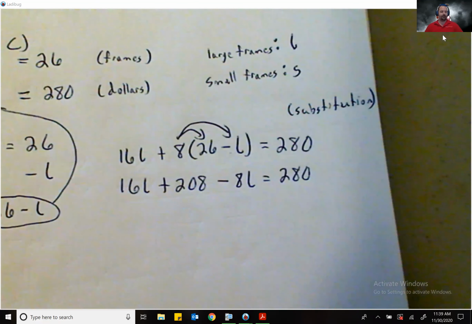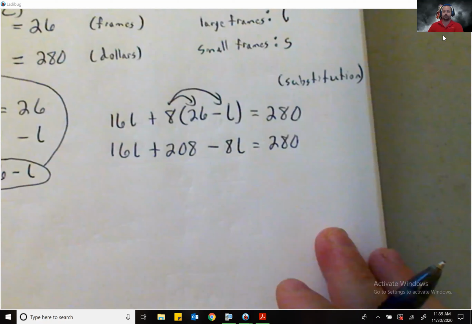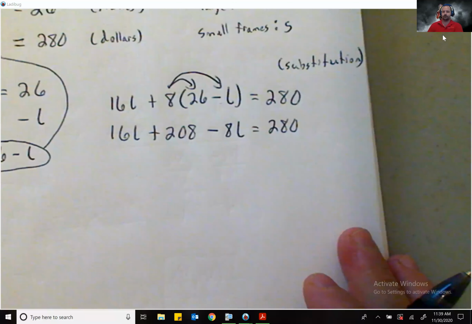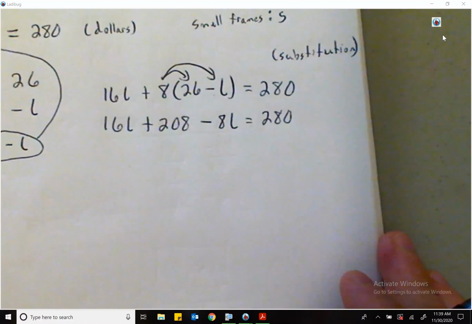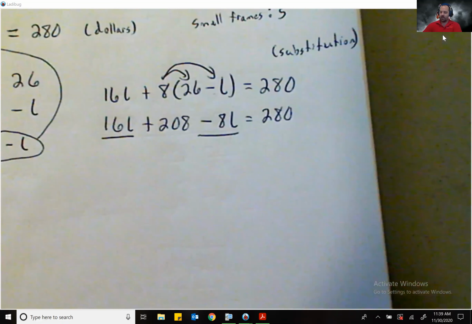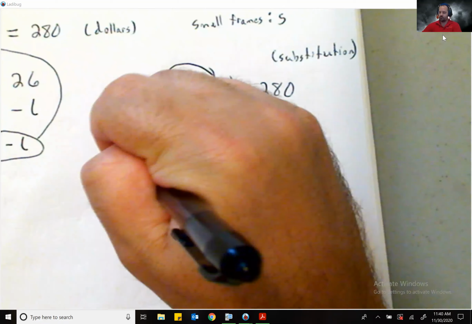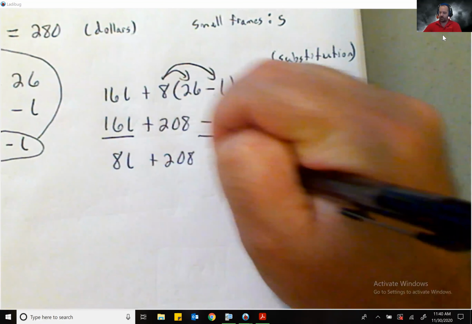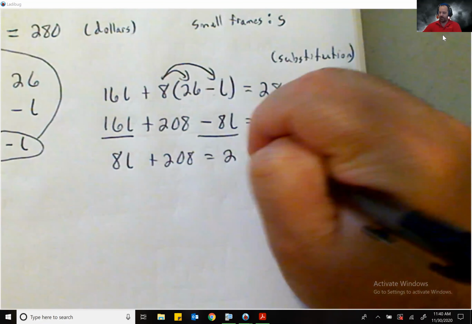All right, now what? Combine like terms. Boom. So that will give us 8L plus 208 equal to 280. And now?